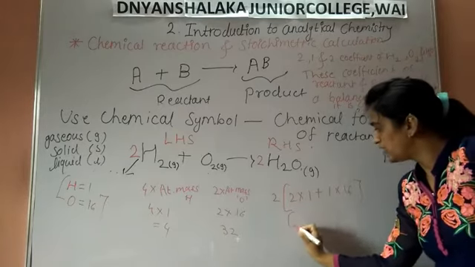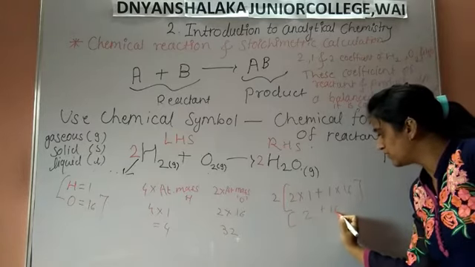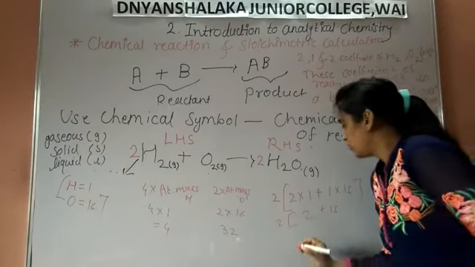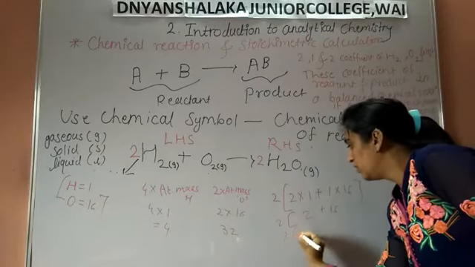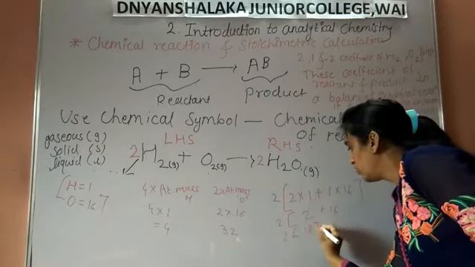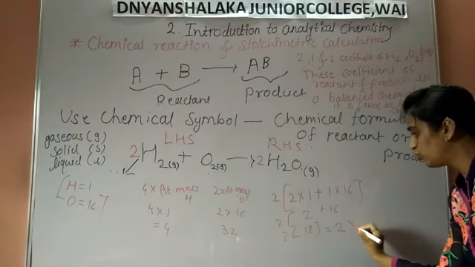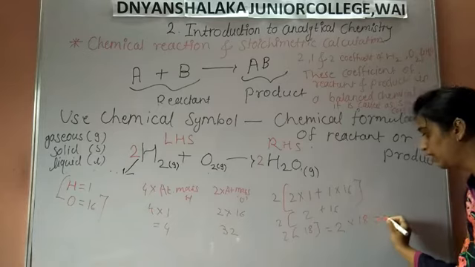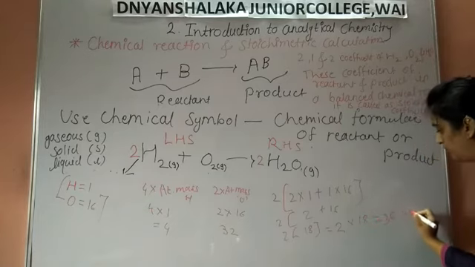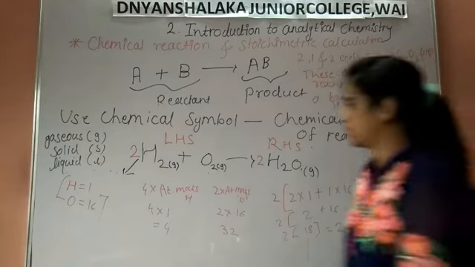So 2 1s are 2 plus 16 1s are 16. So 16 plus 2 is 18. This bracket we open, which is equal to 2 into 18. So we get 36 gram.